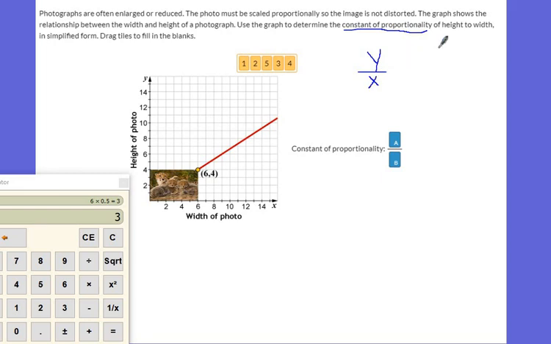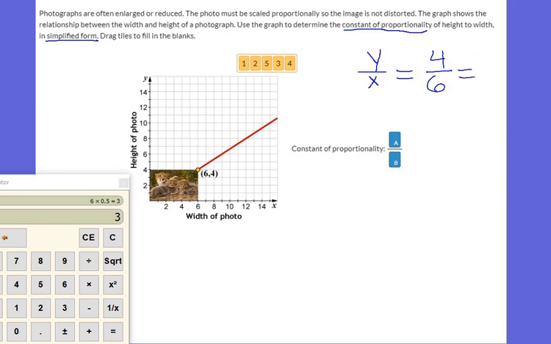Okay, so here's my x-axis, here's my y. It's always written x comma y, but I need to put it in this form. So the x is 6, so that's 6. The y is 4, and they wanted that in simplest form.